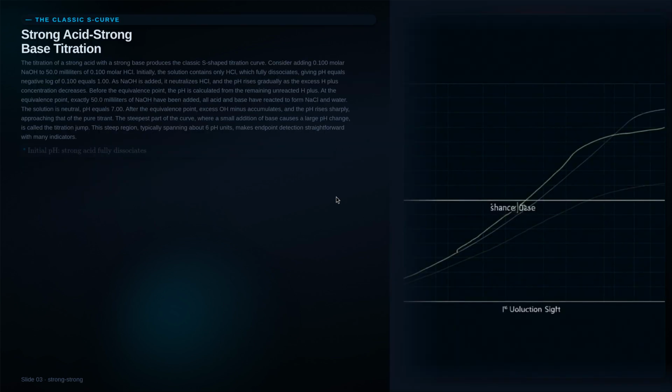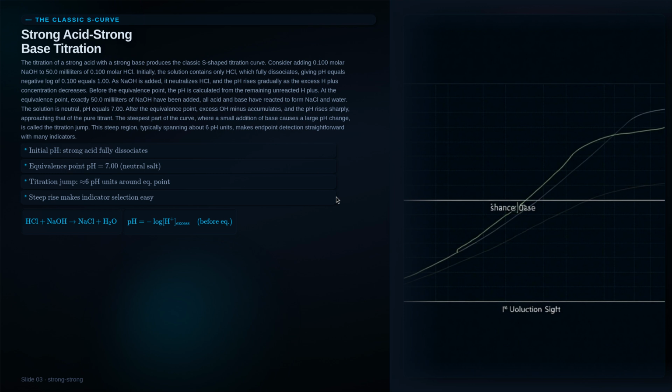The titration of a strong acid with a strong base produces the classic S-shaped titration curve. Consider adding 0.100 molar NaOH to 50 milliliters of 0.100 molar HCl. Initially, the solution contains only HCl, which fully dissociates, giving pH equals 1.00.